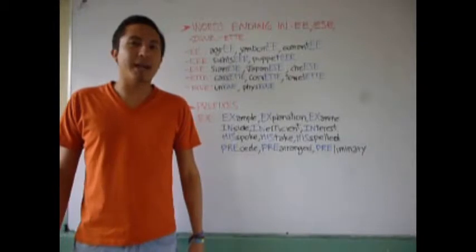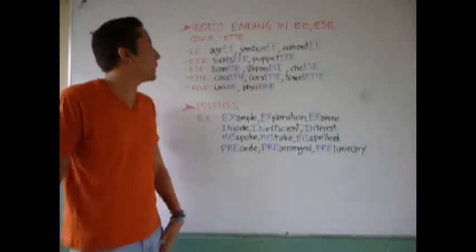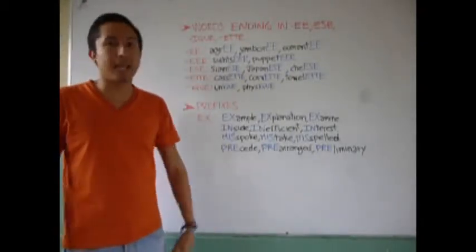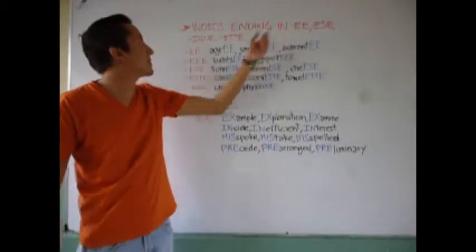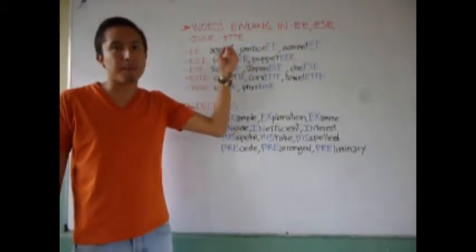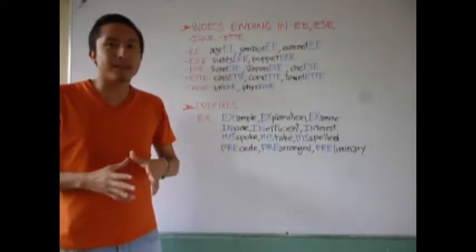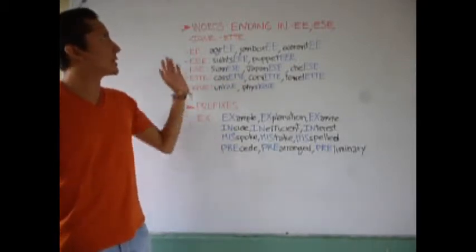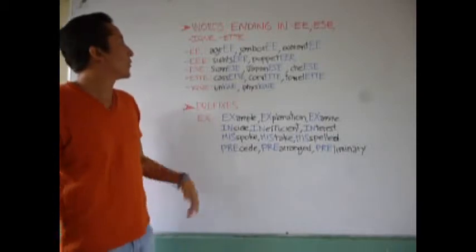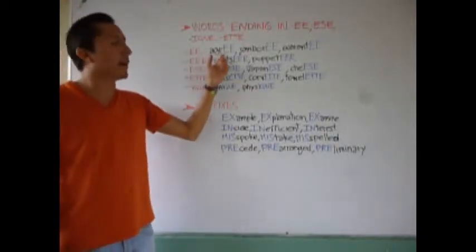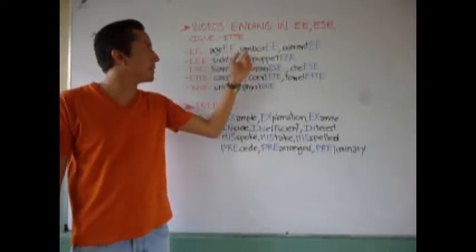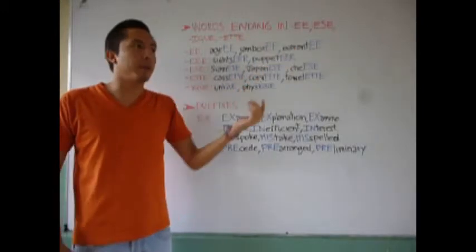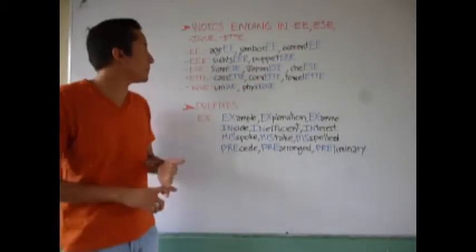Hi, I'm George, and now I'm going to talk about the words ending in EE, EER, ESE, IQUE, and ETTE. The words ending in these suffixes generally place the stress on the suffix, obviously. For example, EE, we have agree, jamboree, guarantee. We have also refugee.